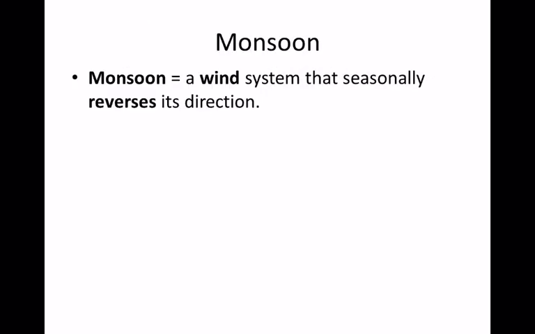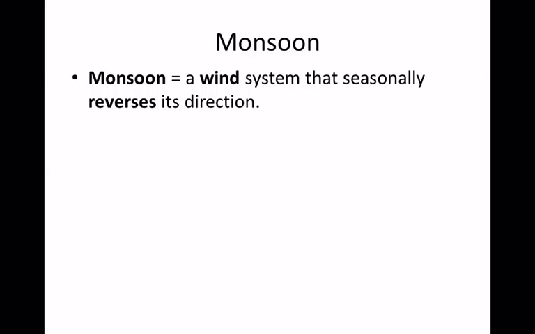If you're like me, before I taught this class, I always thought, monsoon season, oh my gosh, that must mean all heck is breaking loose. But we're going to see that locations that experience monsoons actually have a crazy wet season and then a very dry season.